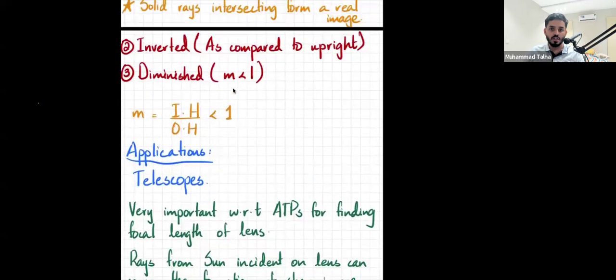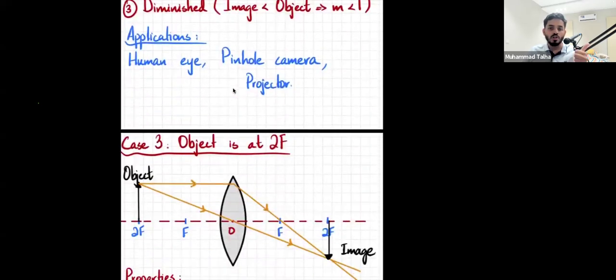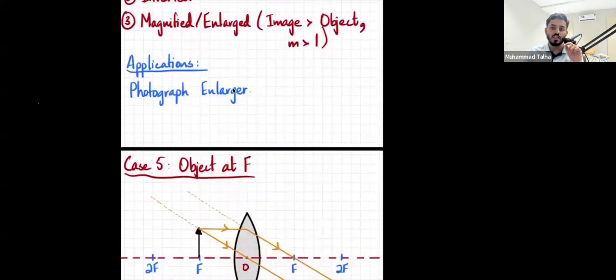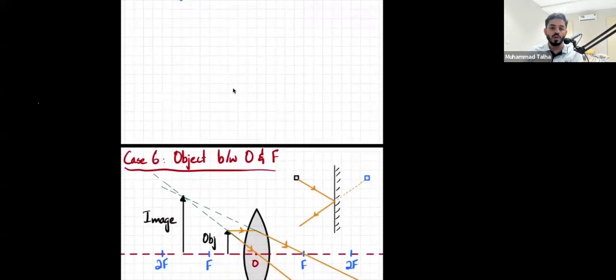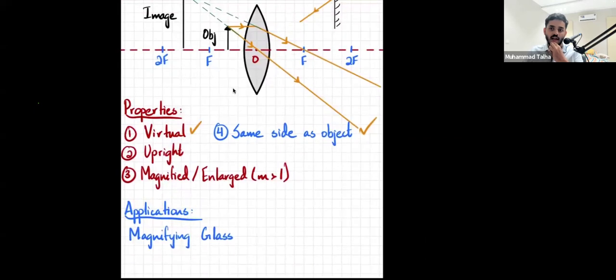All images are inverted here. So the only case where you have a virtual, upright image on the same side as the object is when the object is placed between O and F. And the application for that is in a magnifying glass and in a VR, a virtual headset. So let's go back here and have a look at some of these questions.